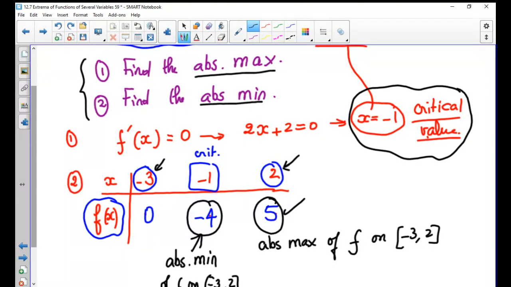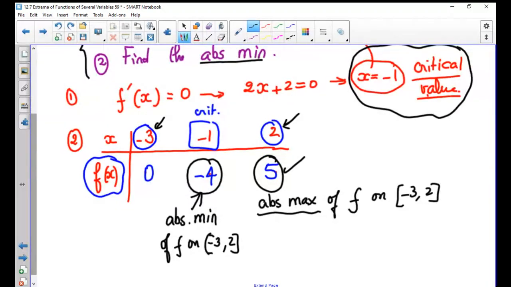Find the values of f, and then compare all these values. The biggest is the absolute maximum, and the smallest is the absolute minimum. Did you understand what we just did? All right, great. Now I can move to functions of 2 variables, and we see what happens there.